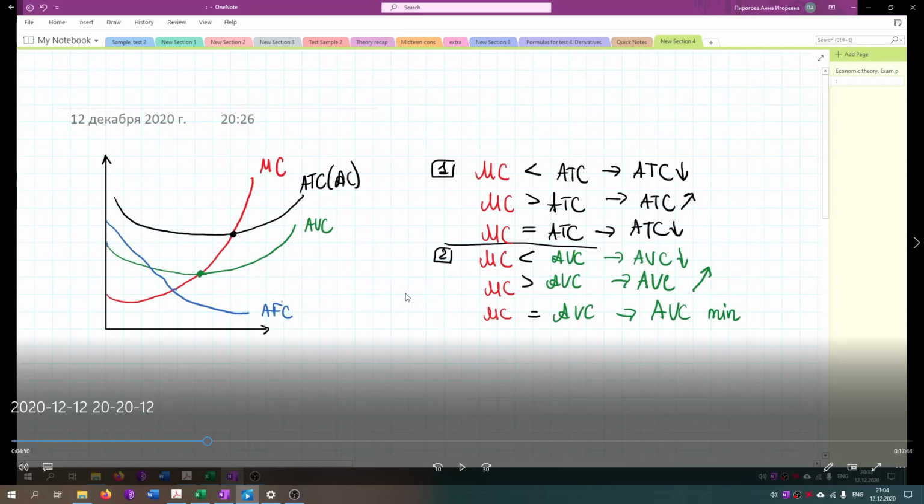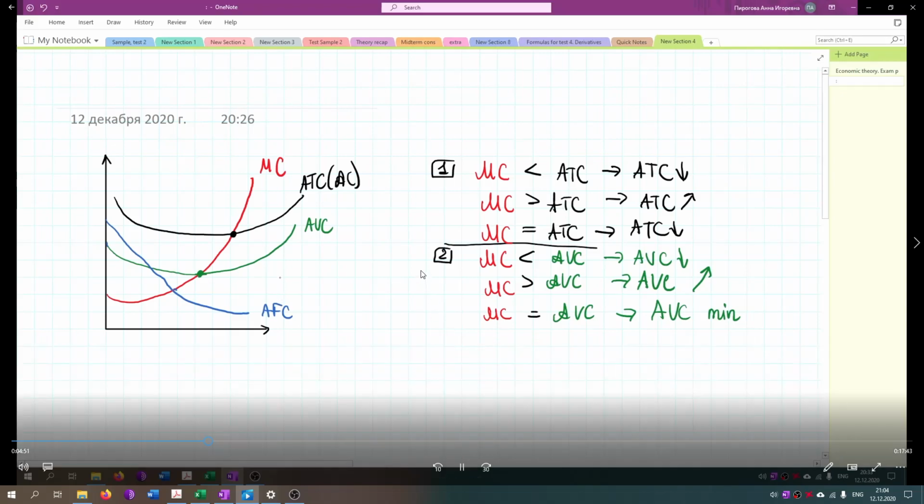So the most important thing here is to remember how the graph looks, because you can derive from the graph all the needed information about what happens where marginal cost is less than average total cost and so on. So now I'll explain how we can derive this knowledge from the graph.